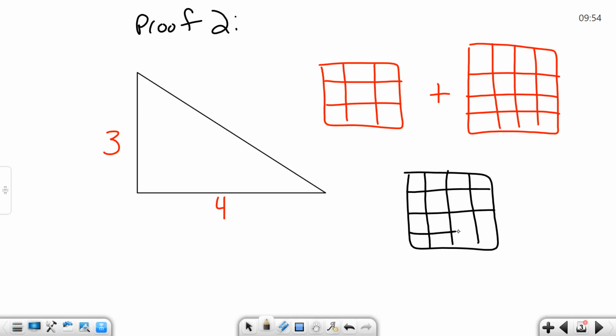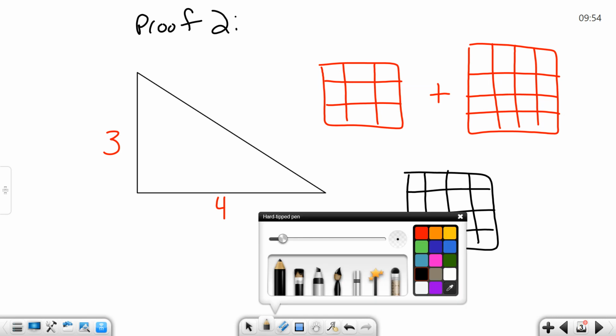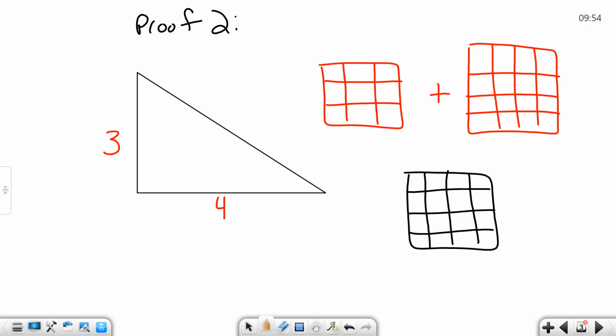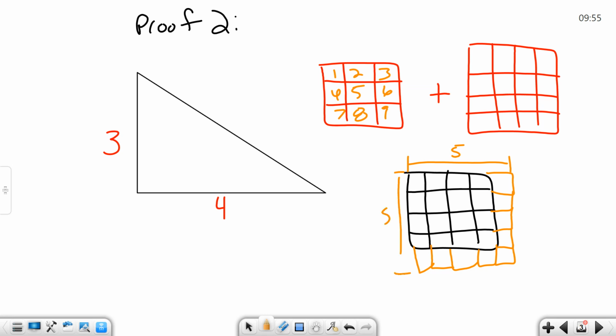We're going to start with our 4 by 4 grid, and then we are going to add on 1, 2, 3, 4, 5, 6, 7, 8, 9 squares. And what we see is that this side is 5, and this side is also 5.